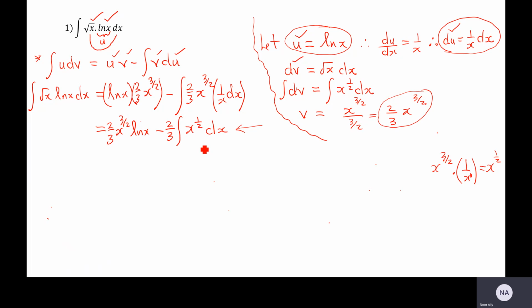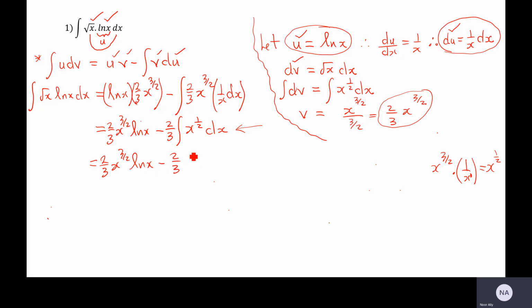It could be an integration by parts again. It could be any other technique of integration. So look at that integral very carefully before you solve. Fortunately, in this particular problem, this will all remain the same.